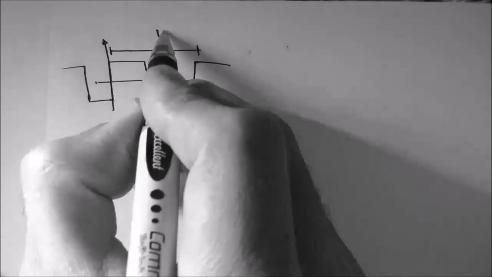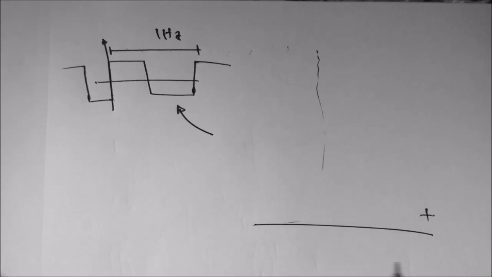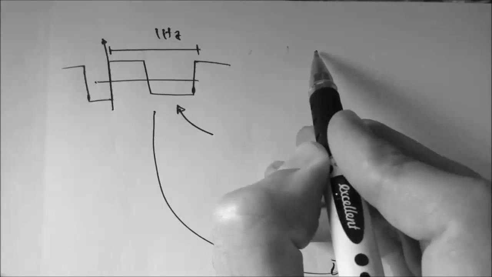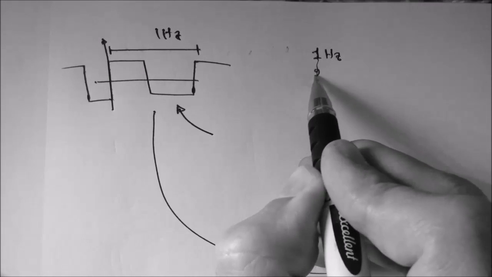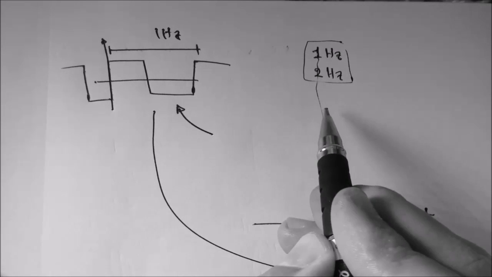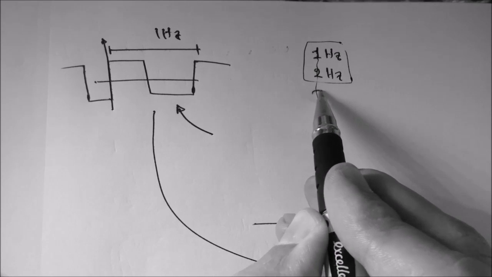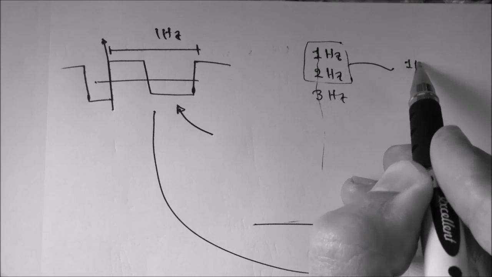So, if this is 1 Hz, and we are going to add an infinite number of sinusoidals together to get this signal, we can say that we start with a 1 Hz sinusoidal. If we add a 2 Hz sinusoidal to 1 Hz, we'll get a sinusoidal of 1 Hz as well. Adding 3 Hz to the signal, which appeared to have a frequency of 1 Hz.